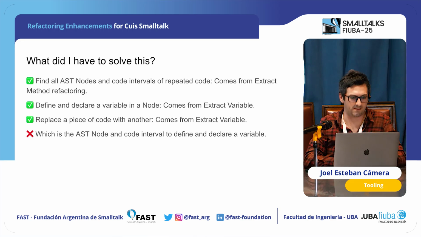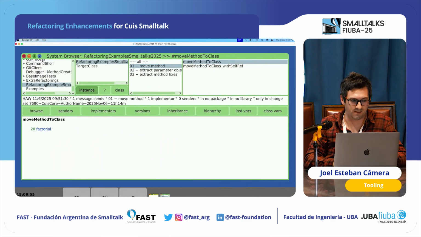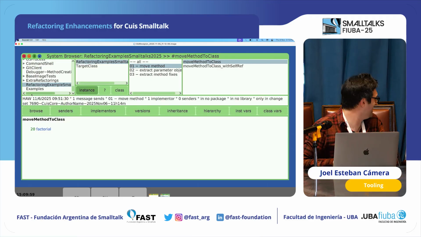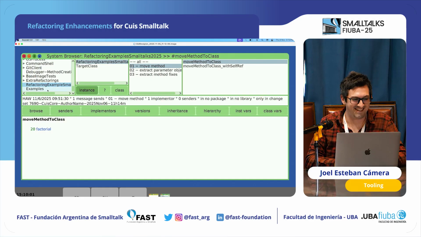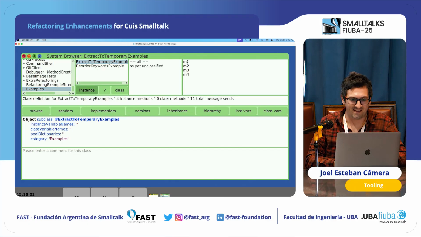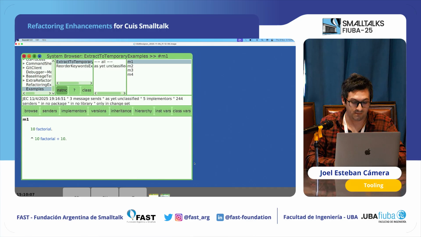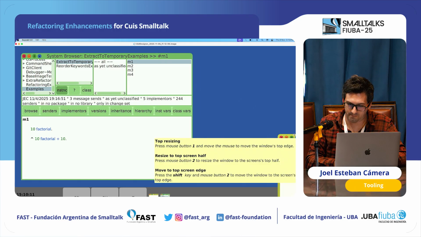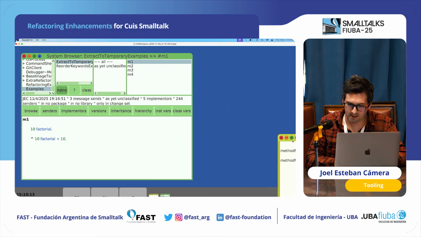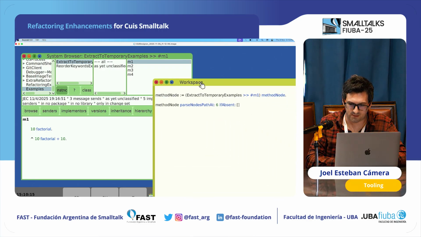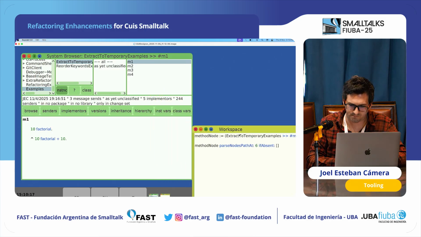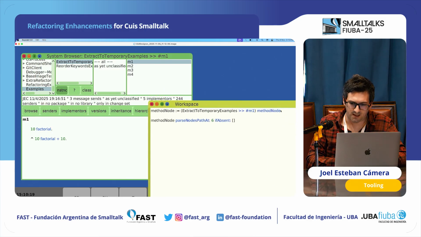And let's see some code here. What did I do to find it? I didn't use the complete AST. I did something a bit different working with the AST, but I found out this is the method node.